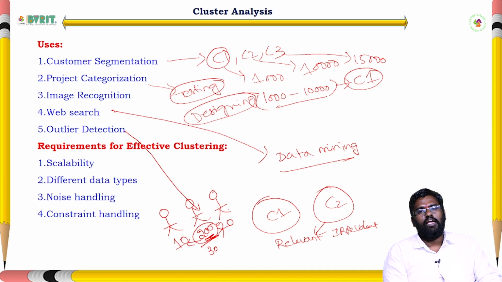Then constraint handling. Constraint handling means they need to handle some rules. Based on those rules, if the given condition satisfies the rule, they keep it in the constraint. Otherwise, we have to remove that constraint or rule from the given structure. That is how effective customer cluster analysis is implemented.